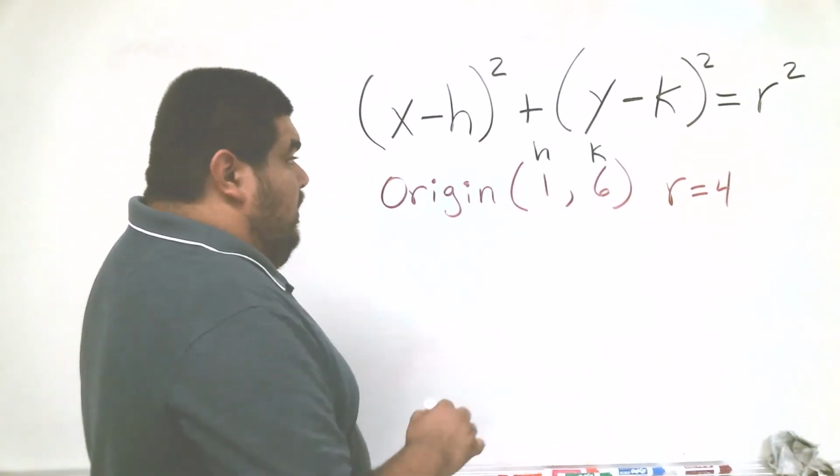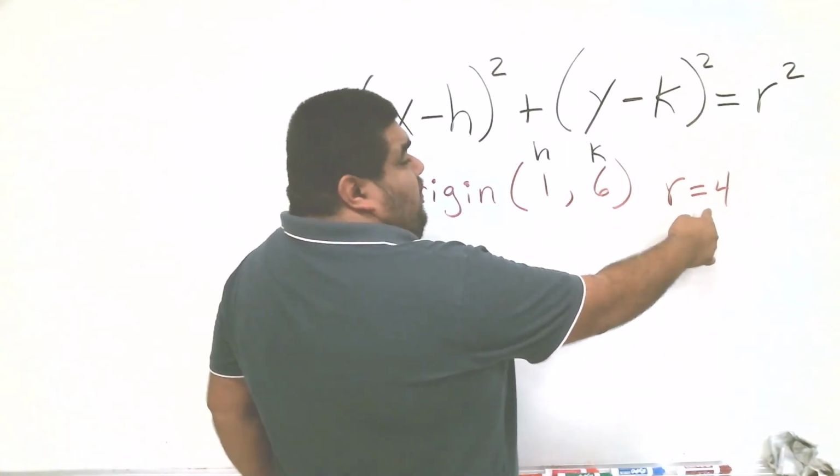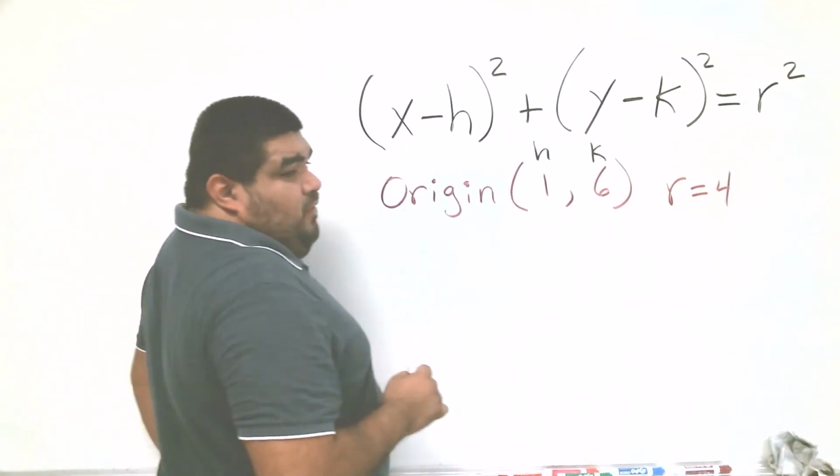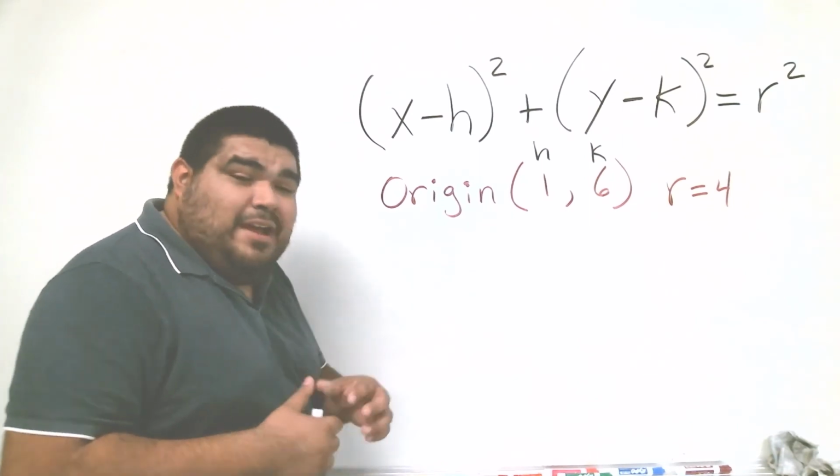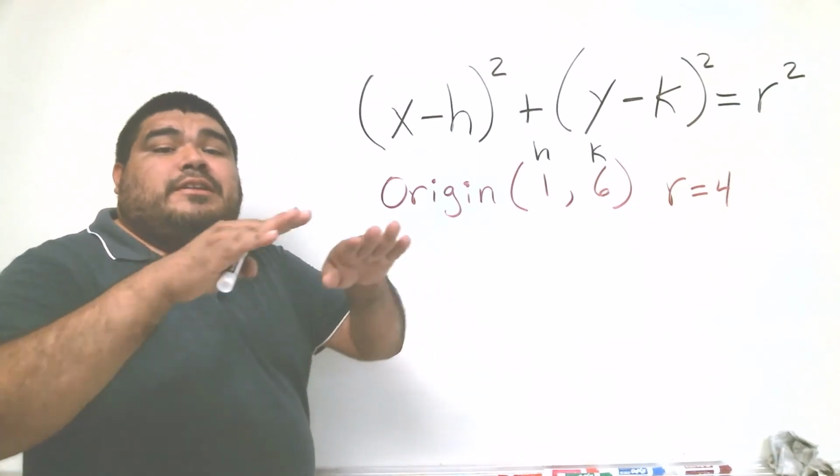So, now that we have a label, we already know that R is 4. We really don't have to label that because it's already labeled for us. All we have to do now is put it all together.